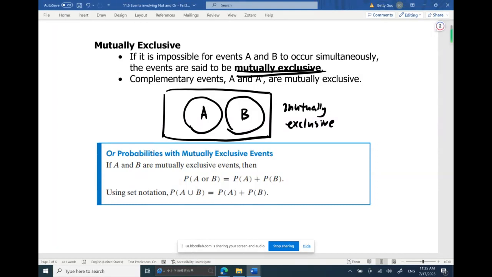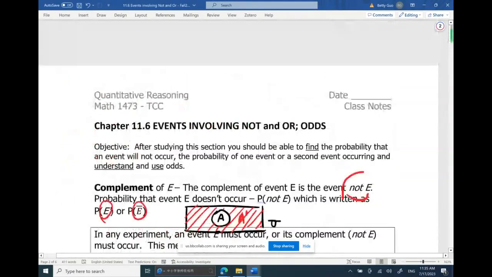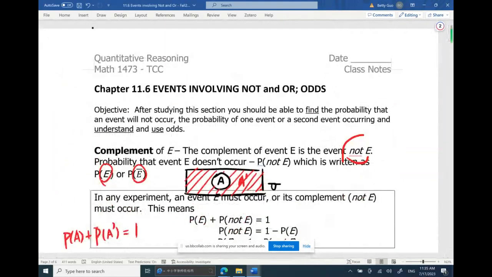The second point here says the events A and A prime are mutually exclusive. If we look at A and A prime, A is this black circle, and A prime is the region outside the black circle. As sets, they are disjoint. As events, they are mutually exclusive.